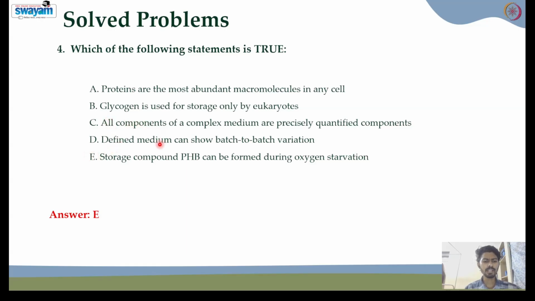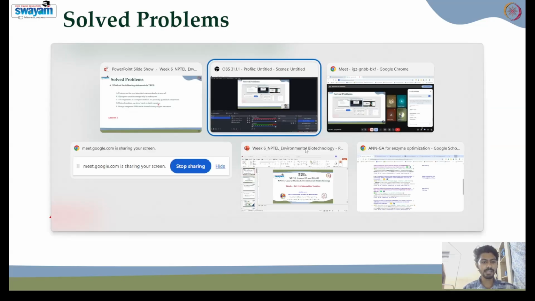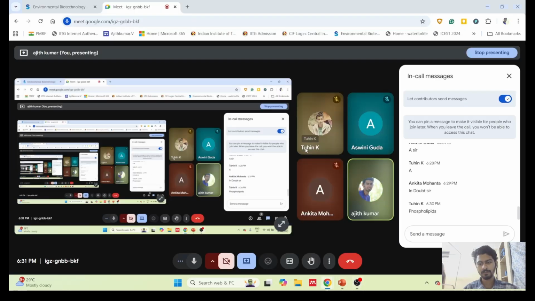And defined media can show batch to batch variation. And what do you mean by defined media? Anyone? In defined media, are the nutritional components exactly known or we don't have exact nutritional components?